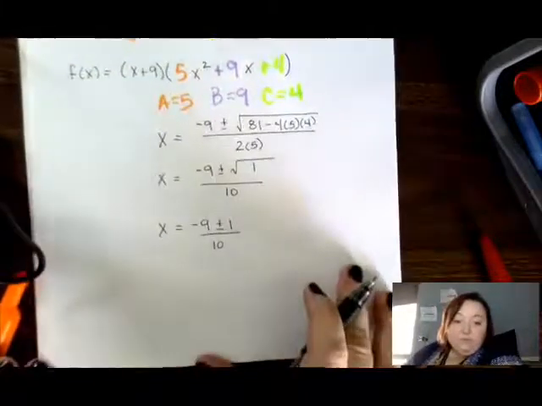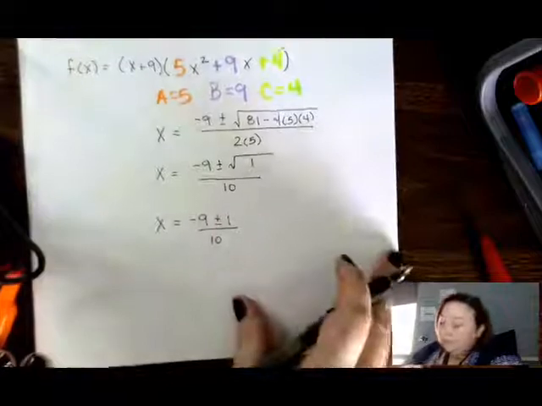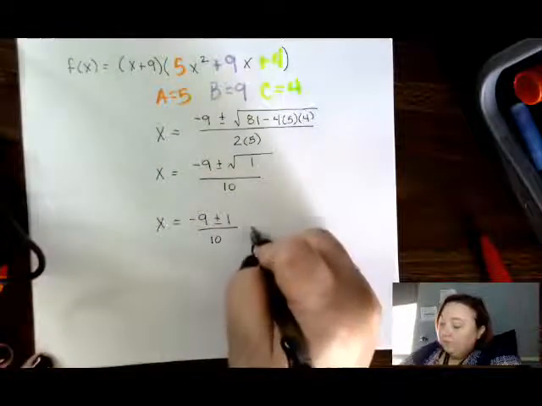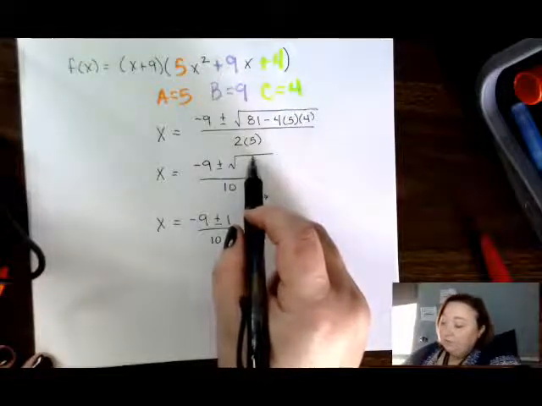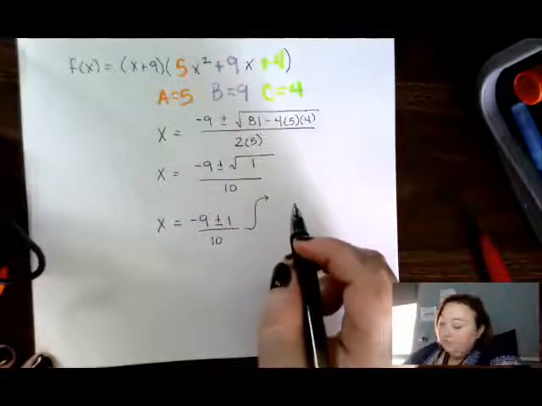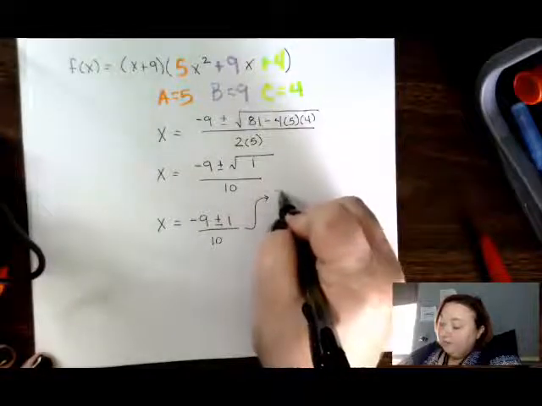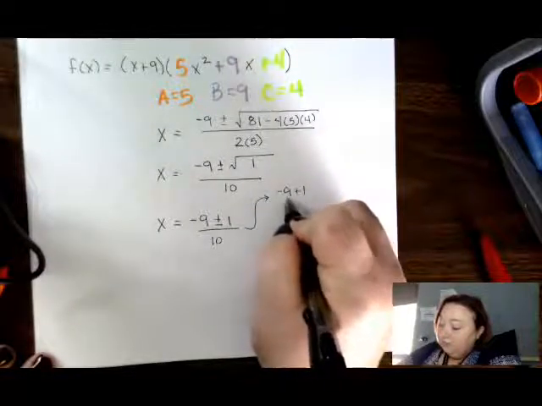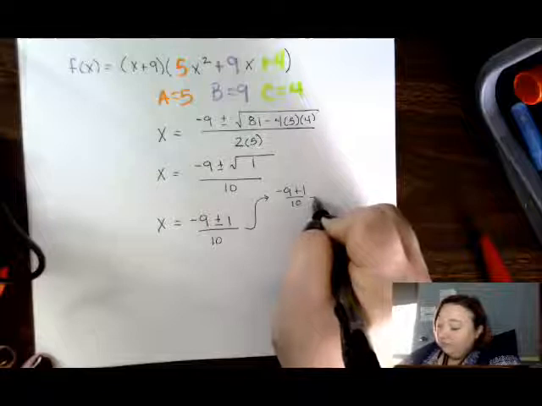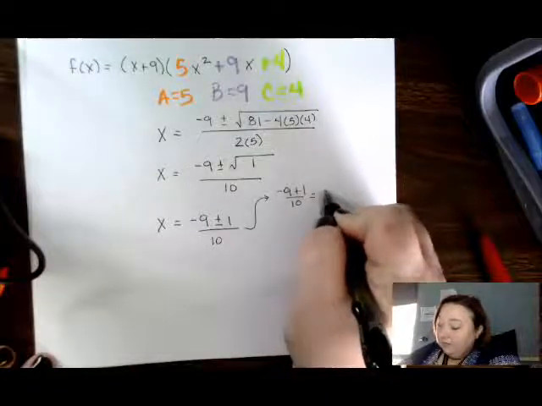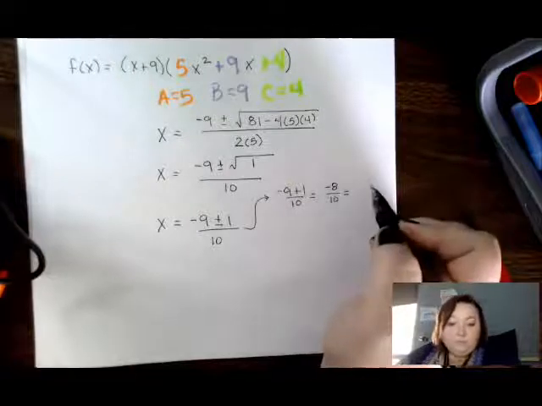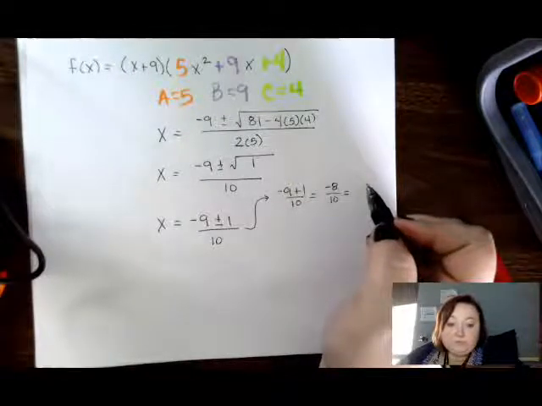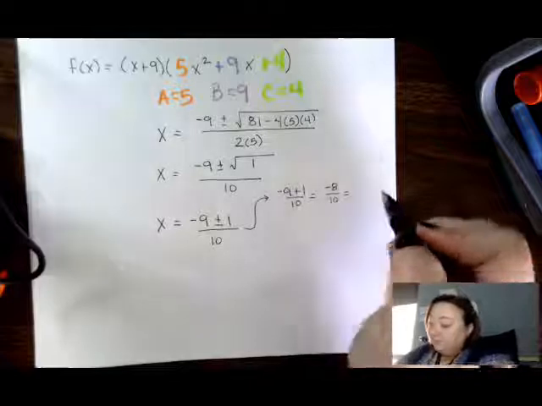So we're going to end up with real numbers here, because we didn't have a negative underneath our radical. So our answers are going to be real numbers. So what we're going to do is negative 9 plus 1 over 10. So that's going to be negative 8 over 10, which reduces to negative 4/5.